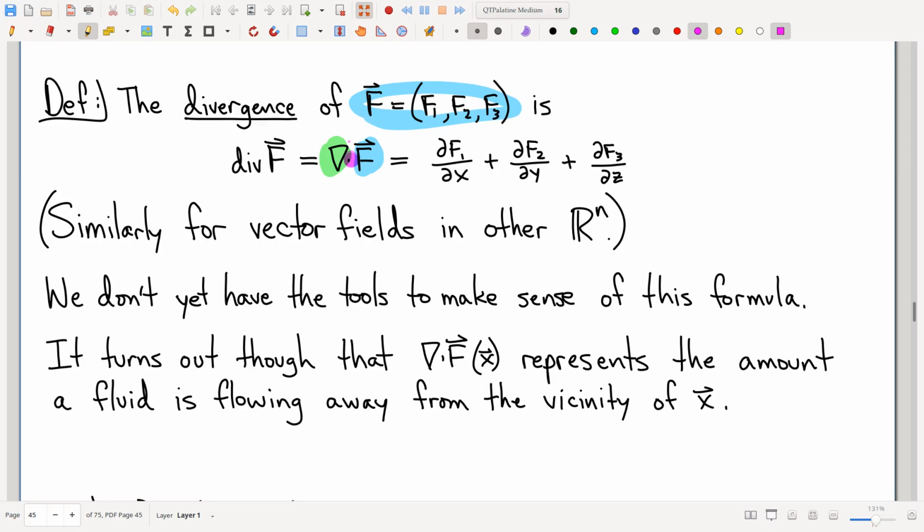So now we've got to talk about what we mean by this. A dot product is something you do to two vectors. F is a vector. It's literally a vector field. It's literally made up of vectors. Del, we're pretending it's a vector. We're treating it like a vector.